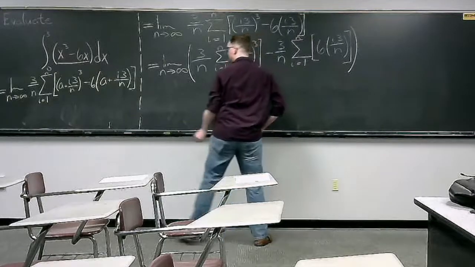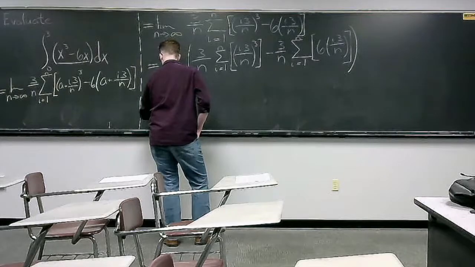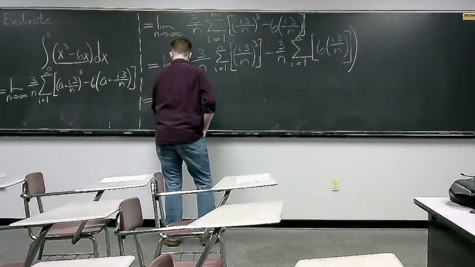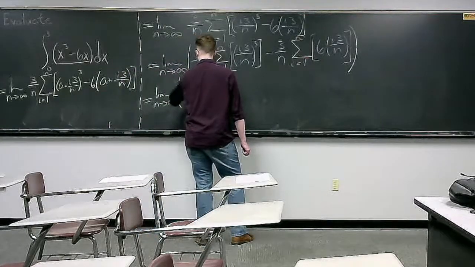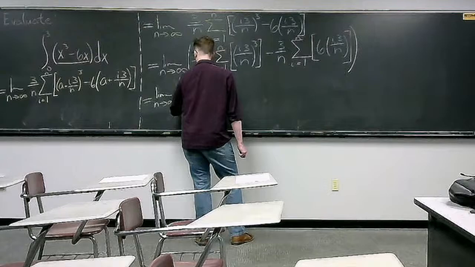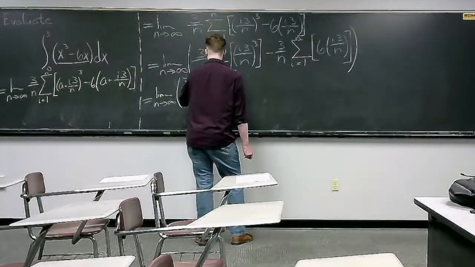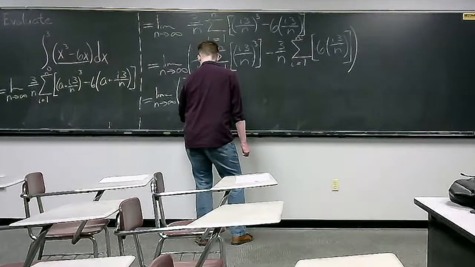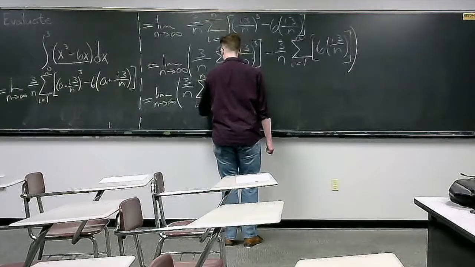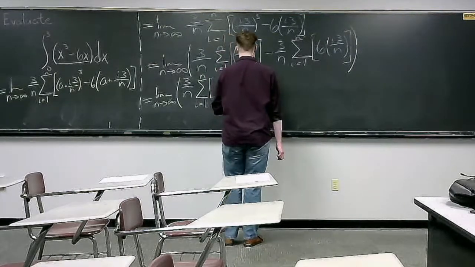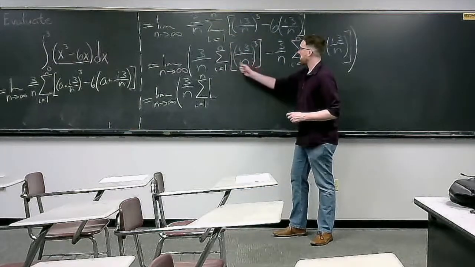So, doing that really quickly, this is all equal to the limit as n approaches infinity of, well, we're going to keep that 3 over n times the series from i equal to 1 up to n of, well, in this first term, we're cubing everything, right?